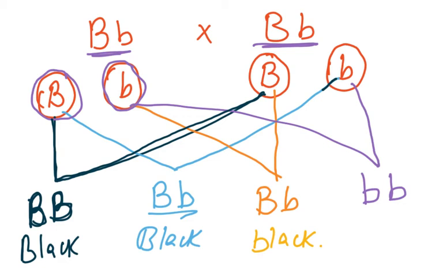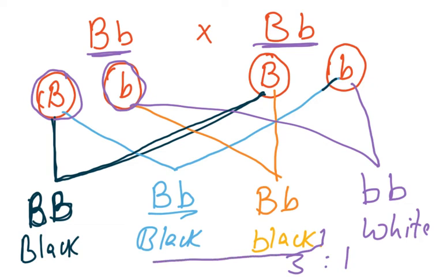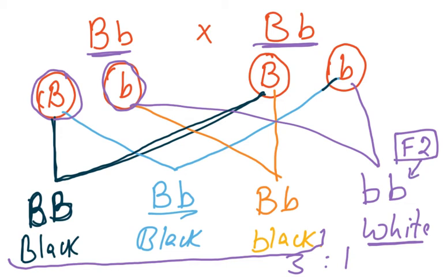But then if this is the situation, you get a white rabbit. So the ratio here is 3:1 because three are black and one is white. This generation, the 3:1 generation, is called the F2 generation.